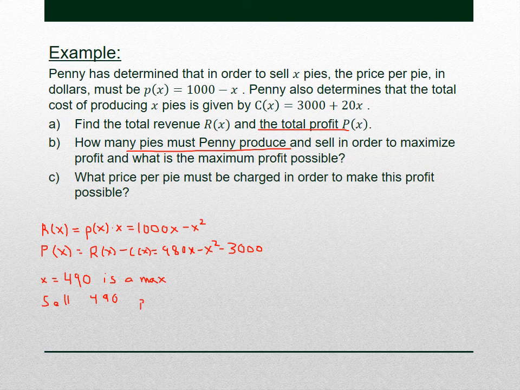to give a maximum. And then it says, what is the actual maximum profit? Well, that's where you take x equals 490 and plug it into the profit function that we formed in part A right there. And again, I'll let you guys double check that. But I got a maximum profit of, let's see here, max profit.